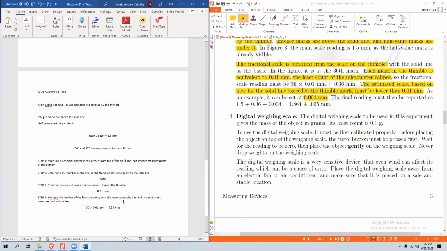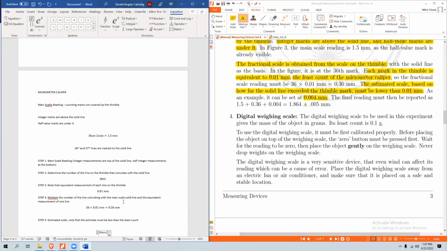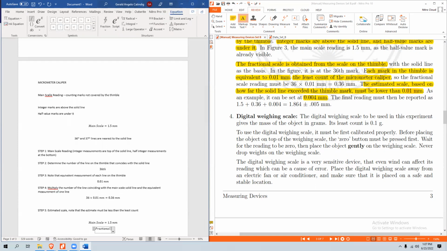So to summarize, step 5 muna. So estimated scale, note that the estimate must be less than the least count. So to summarize, you have here your main scale, 1.5 millimeters. You have your fractional scale, which is 0.36 millimeters.